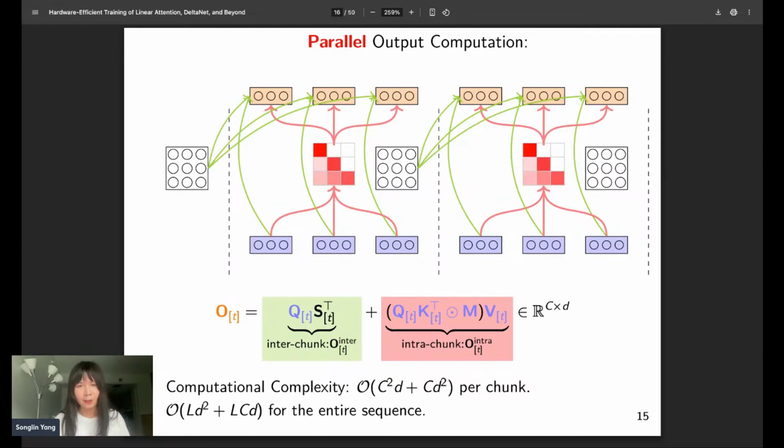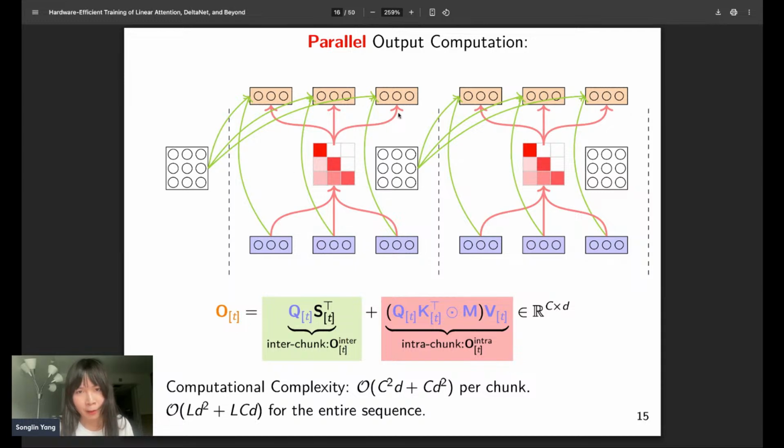For the output computation, like we mentioned before, we have two sources of contribution. The first is the historical context, which was summarized into the last chunk's hidden state. For this, we can leverage the recurrent form. For each query, we can attend to this recurrent state to obtain the output.